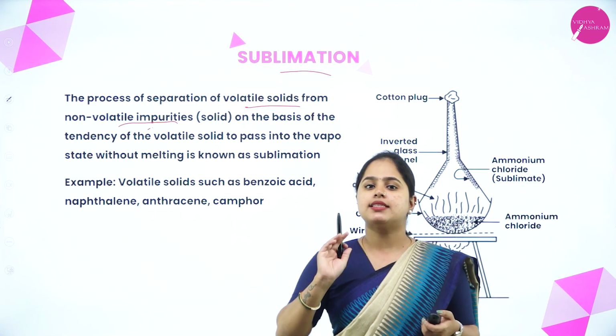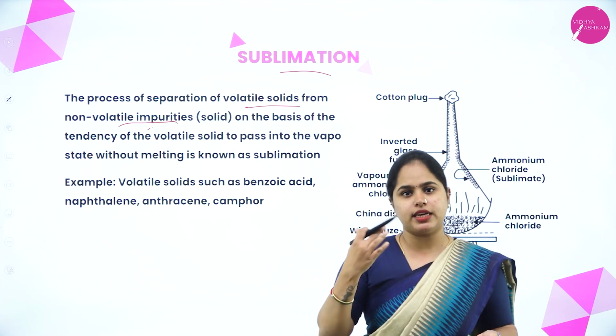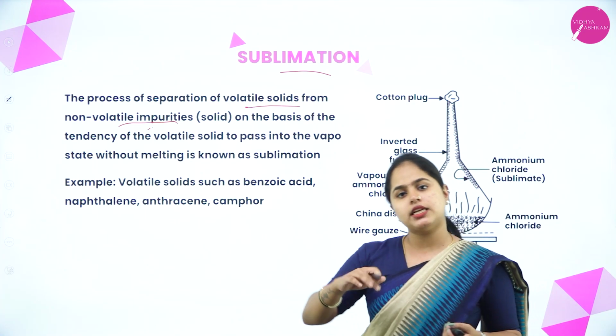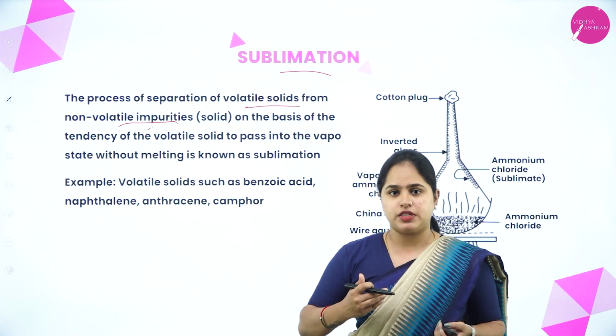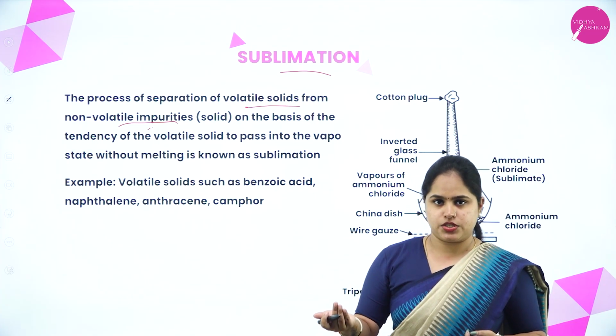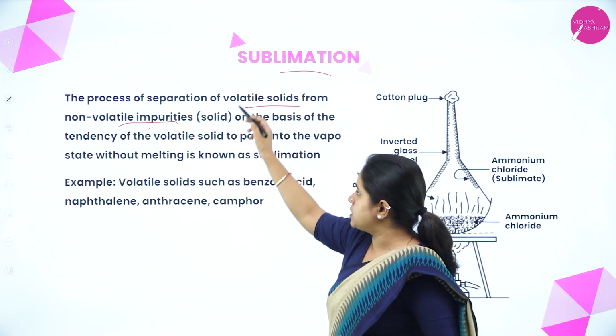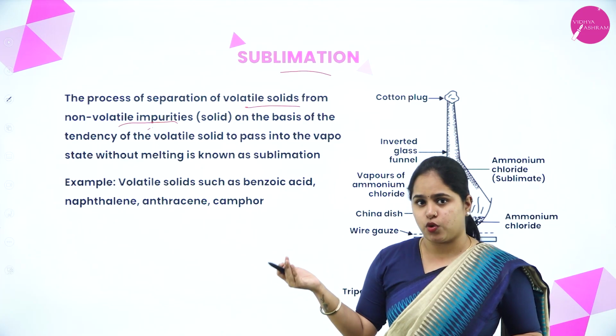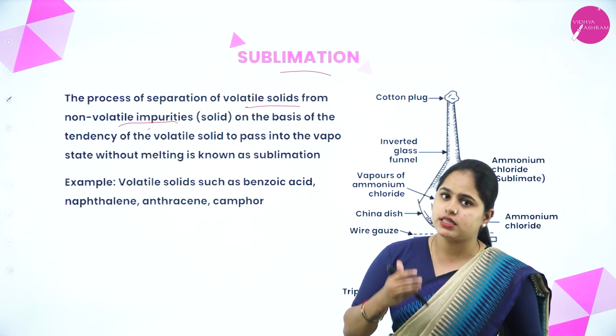Volatile means they can get evaporated into the gaseous state, from solid state to vapor state. Non-volatile means they can't be vaporized. The substance which we want to purify is volatile, and the impurities are non-volatile.